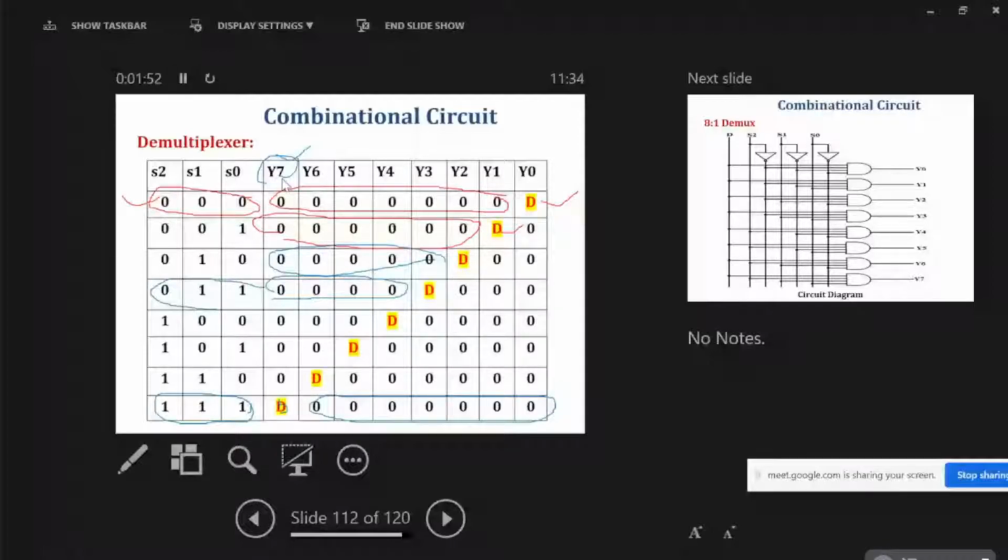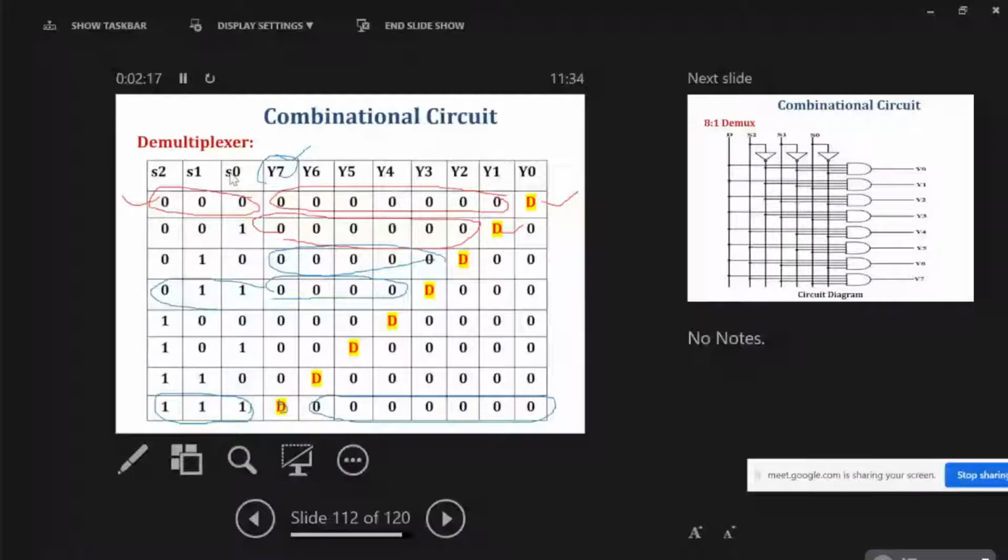So what is known here? D is known, and S0, S1, S2 are known. Y0 to Y7 are unknown things. We need to find these unknowns in terms of the known variables. We know that some data is coming, and we know the various combinations of S0, S1, S2, but we don't know Y0 to Y7.